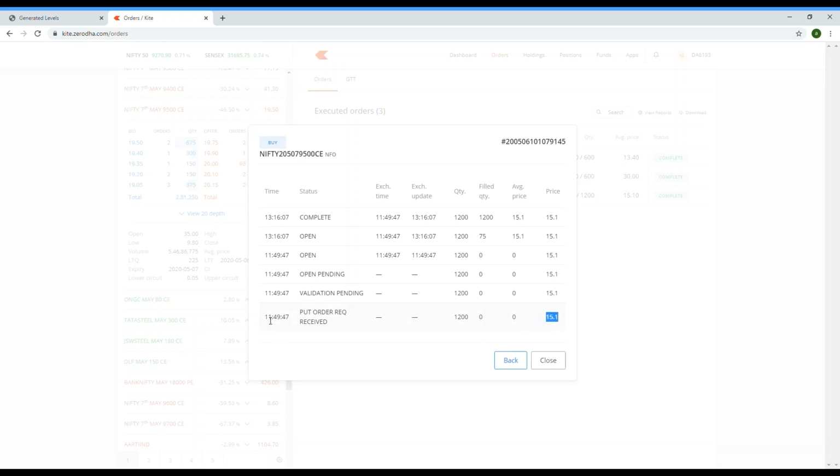Look at this, this trade has filled at 1:16 p.m. and 7 seconds.